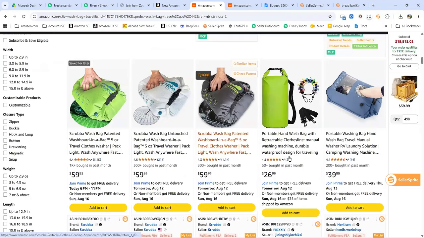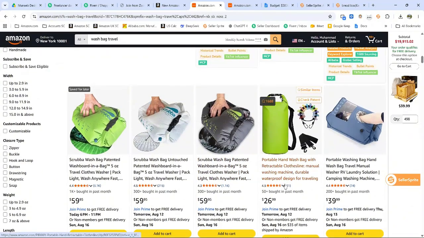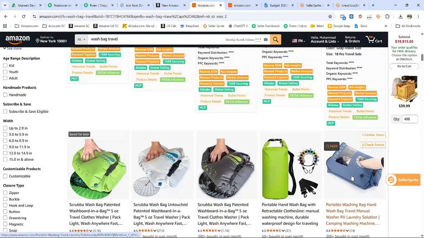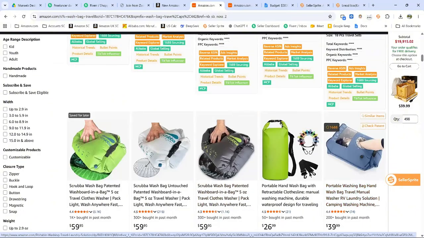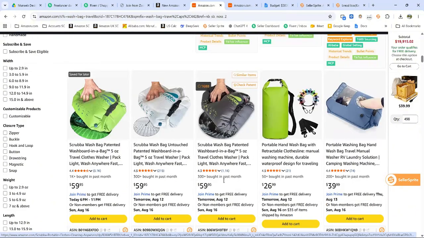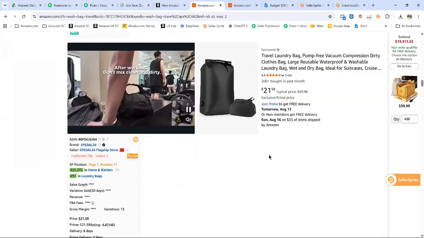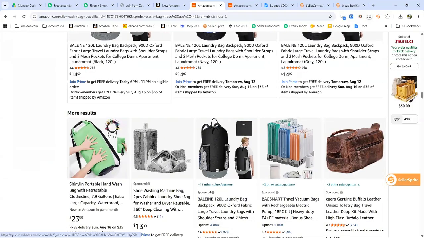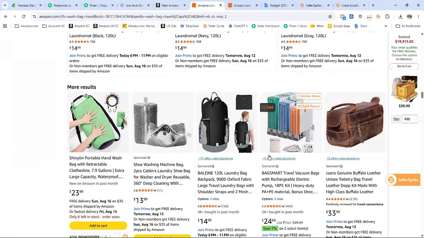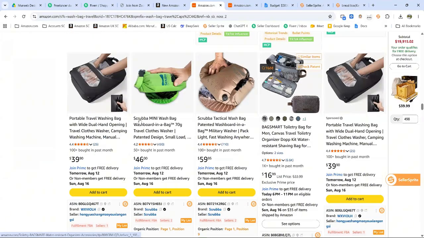Then this is a bit of a different product, then this is a bit similar to this. As I go down, there are not many similar products to this. Then again Scruba, and then this one.